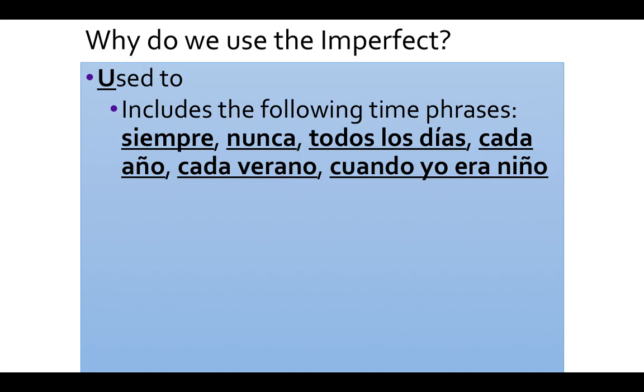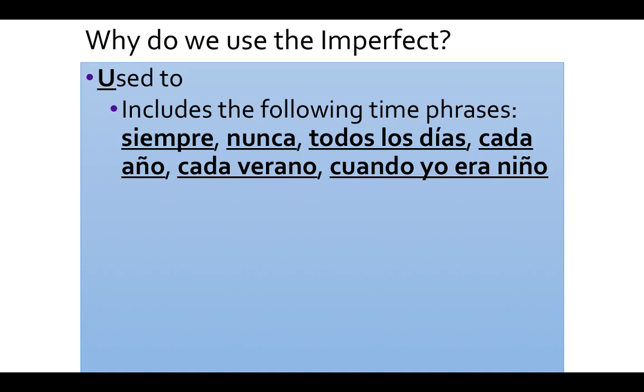Some other common imperfect triggers that often go along with the used to category here, we have siempre, always, nunca, never, todos los días, every day, cada año, every year, and cada verano, every summer. These are all things. So every summer we used to go to the lake and ride jet skis. We never used to go to the pool.